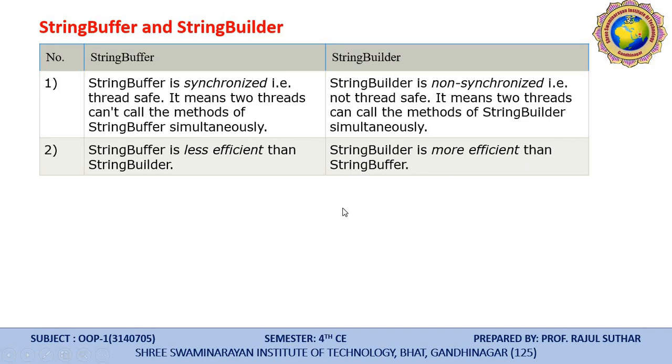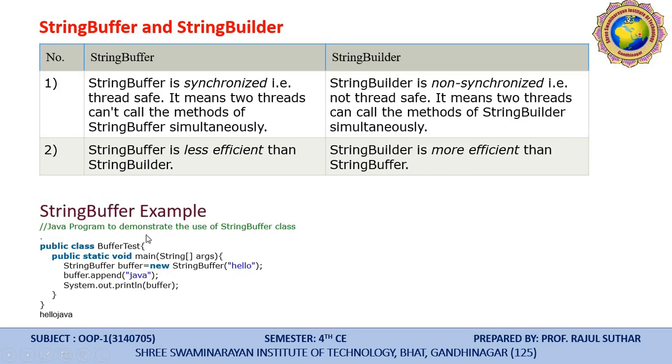Here is one example for StringBuffer: a Java program to demonstrate the use of the StringBuffer class. The class name is BufferTest. public static void main(String[] args). An object is created for the buffer: StringBuffer buffer = new StringBuffer("Hello"). Then buffer.append("Java"), we append the next word, Java.